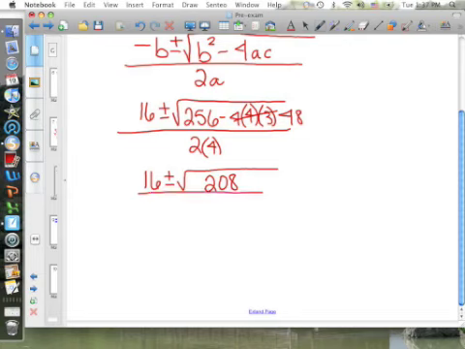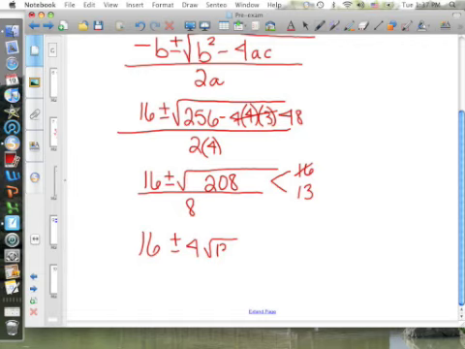And 2 times 4 is 8. 208 is 16 times 13. And 16 is a perfect square, so you can take a 4 out from under the radical.